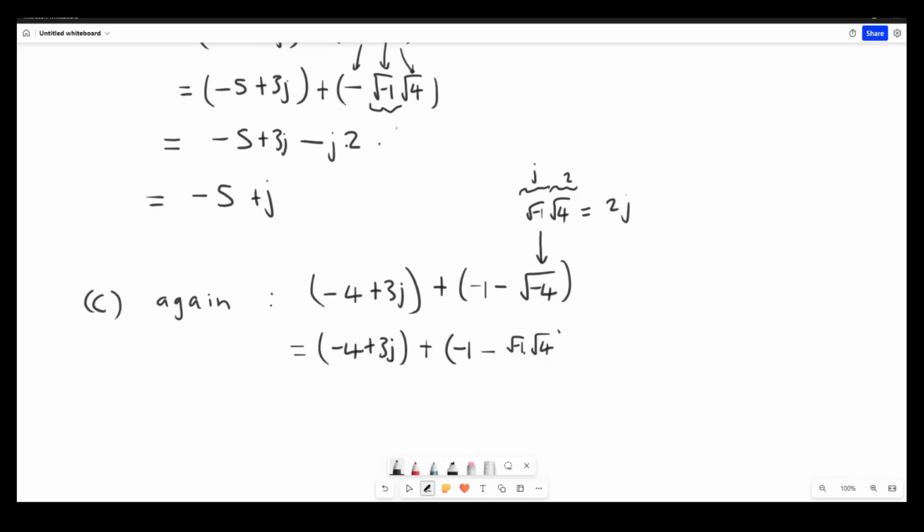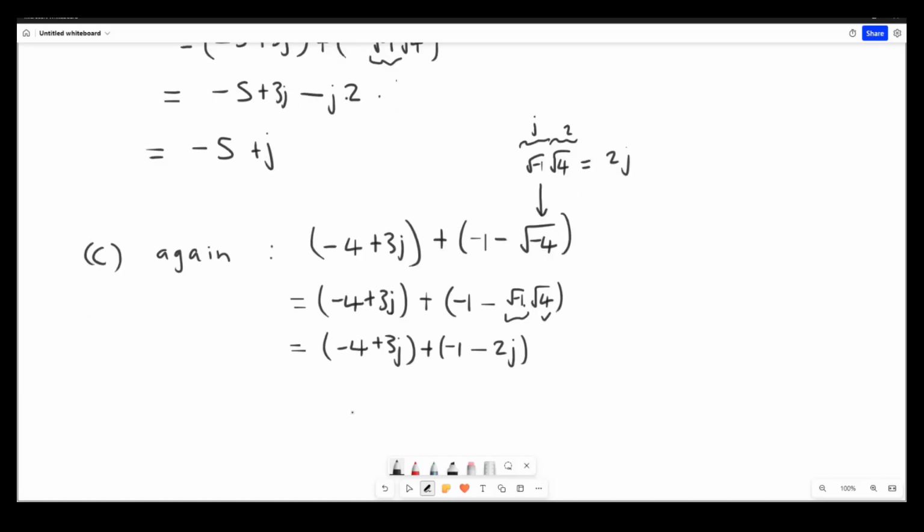The person might start like that, and there's nothing wrong with that. Plus, this is -1, minus, and this is j and this is 2, so it's 2j.